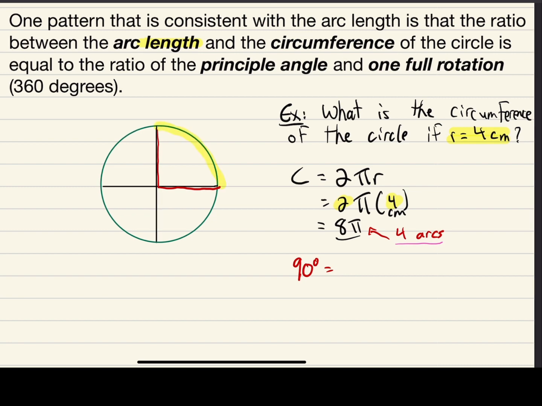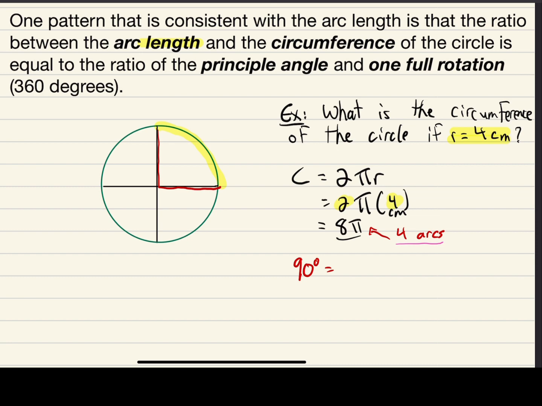Well, it's safe to say that if we have 4 arcs being 8 pi, then 90 degrees, which would be 1 arc, you're basically taking that 8 pi and dividing it by 4. So 8 pi divided by 4, I can assume that the arc length is going to be about 2 pi. So I'm going to draw an arrow here that says 2 pi.